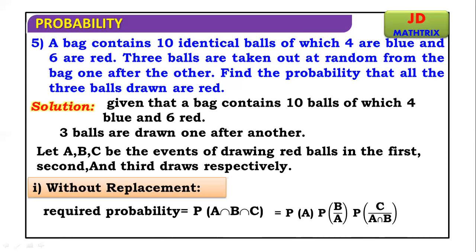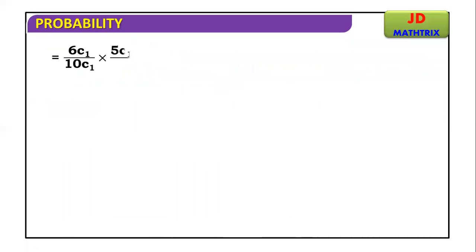Again, P of C by A intersection B. That means the probability of drawing red ball in the third draw after first two events has occurred. అంటే ఫస్ట్ 2 times రెడ్ బాల్స్ వచ్చాక థర్డ్ బాల్ రెడ్ బాల్ అవడానికి ప్రాబిలిటీ కనుక్కోవాలి. అంటే 2 balls రెడ్ బాల్ డ్రా చేస్తే ఇంకా మనకి 4 రెడ్ బాల్స్ ఉంటాయి, టోటల్ 8 balls ఉంటాయి. సో ప్రాబిలిటీ ఆఫ్ డ్రాయింగ్ రెడ్ బాల్ ఇన్ ద థర్డ్ డ్రా 4C1 by 8C1 అవుతుంది. చూడండి వాల్యూస్ 6C1 by 10C1 into 5C1 by 9C1 into 4C1 by 8C1.